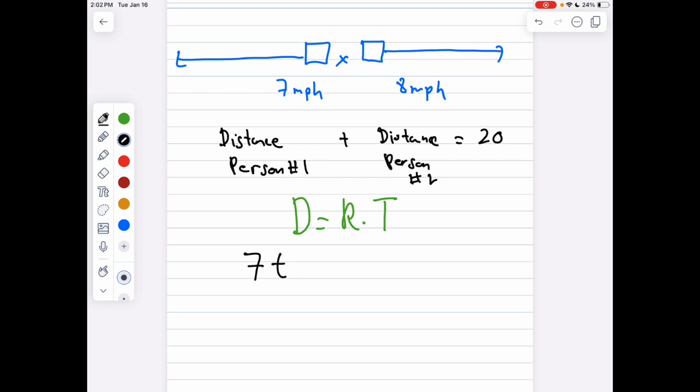So once again, by default, whenever you're given the speed of something, the variable t will be in terms of the speed's time measurement, so it's in hours.